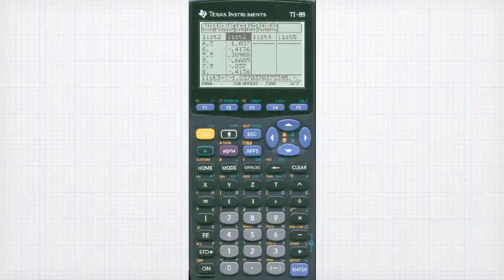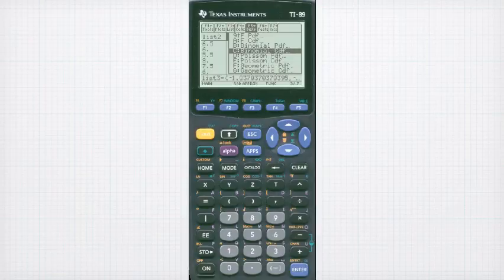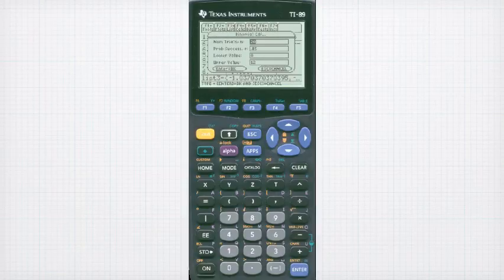Okay, so that works. Now the question is, can I do the complement of that? What about x is greater than 12? I can do that same thing here. I go back to distribution and back to binomial CDF, with number of trials 20 and probability of success still 0.85.